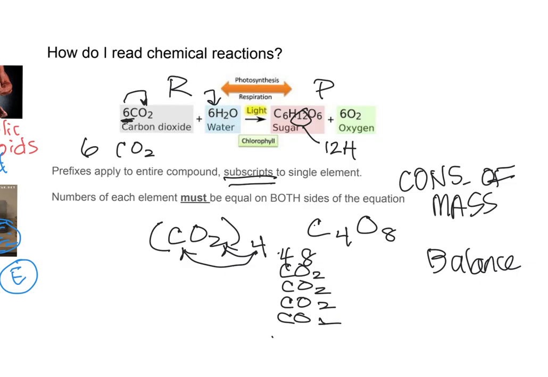Matter is just changed, but the number you have on the left has to match the number on the right. If we look at CO2, I have 6 C's here and 6 C's here. I have 12 H's, since 6 times 2 is 12, so that's good, and so on. So you balance the equation to make sure you are conserving your mass.